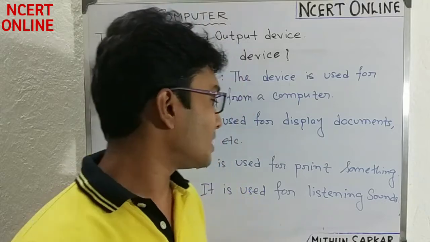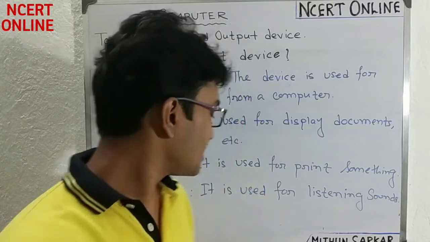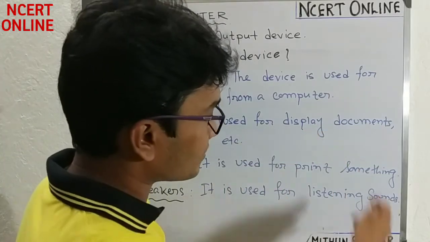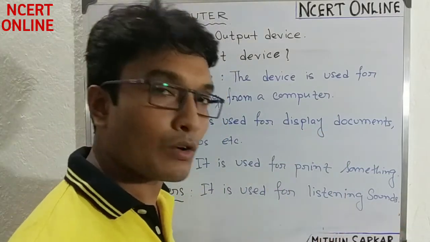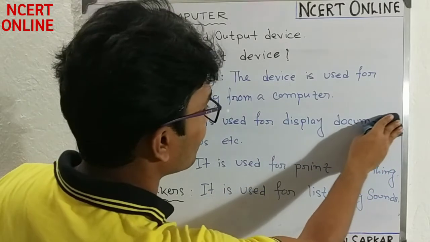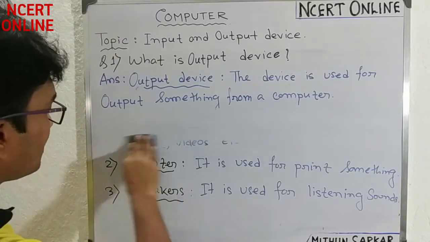Or when you listen to a song, or watch a movie on a computer or laptop, it is used for listening to sounds. So the sound comes outside, that means it is an output device. Students, I hope you noted down the first point, so we can write other points also.